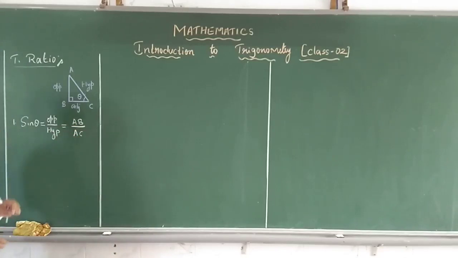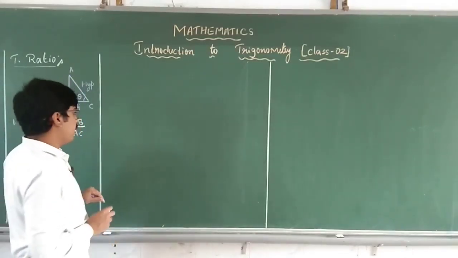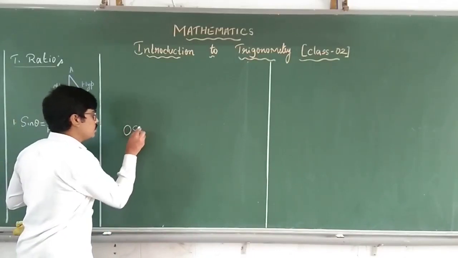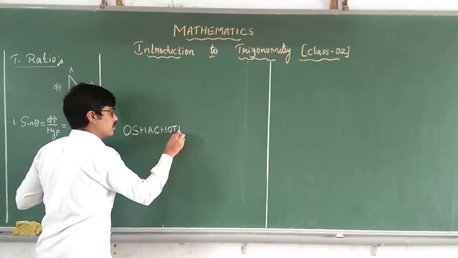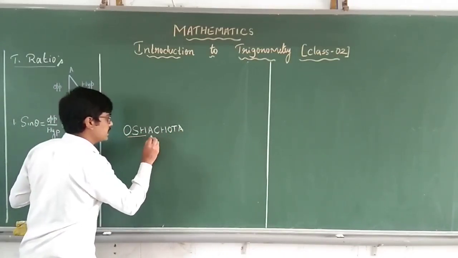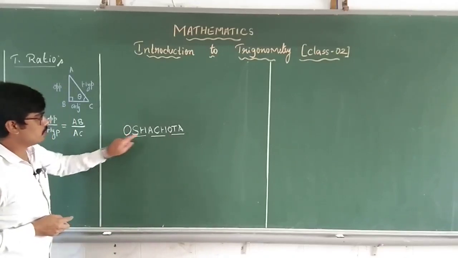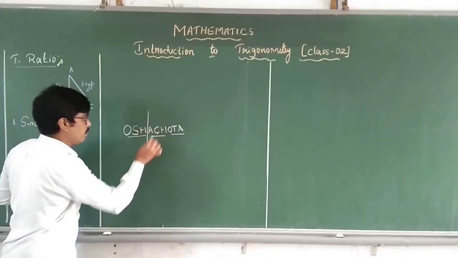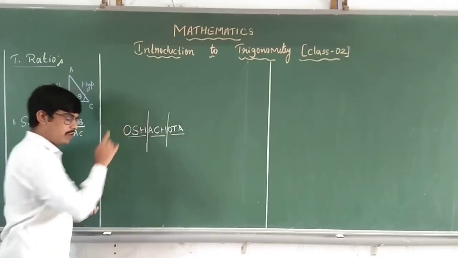To remember this, we learned a word of 9 letters, that is SOH CAH TOA. So group 3 letters at a time. Sine is the ratio of opposite to hypotenuse. This is one group and this is the next group. Cos is the ratio of adjacent to hypotenuse.